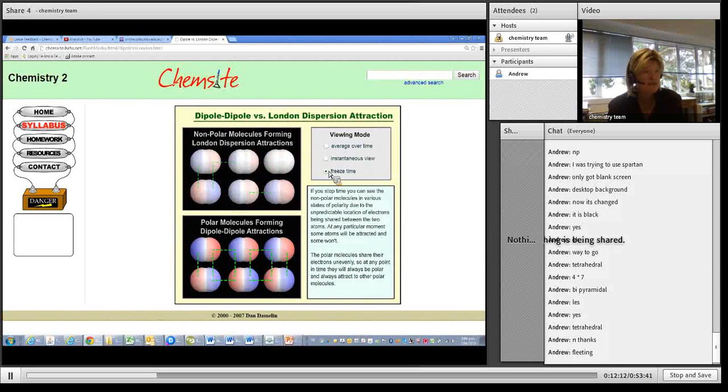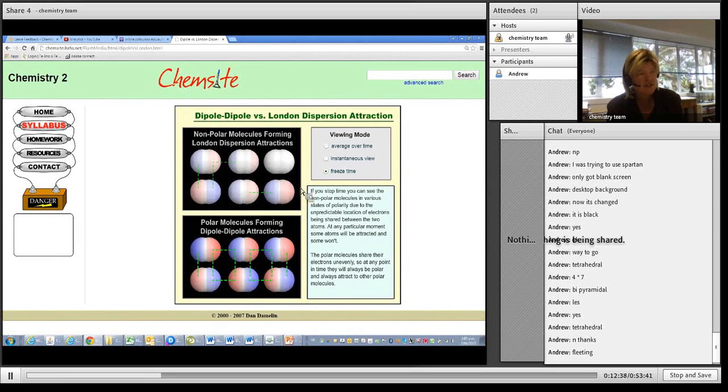If I freeze the time, you'll notice here, most of the electrons have gone to this side, leaving that quite positive, which is influencing this. So the more positive end has been dragging the electrons of this molecule over to attract it. Here we've had this one attracting that one, so we've got two negatives together, two positives together there.